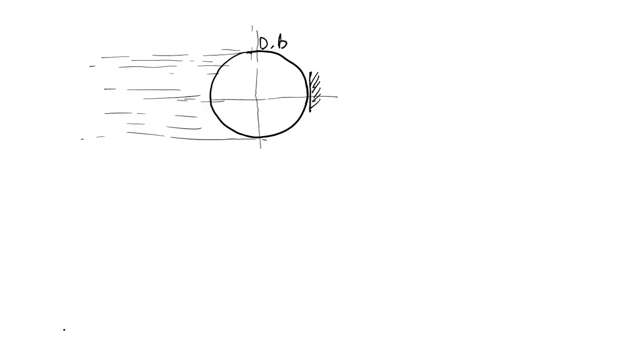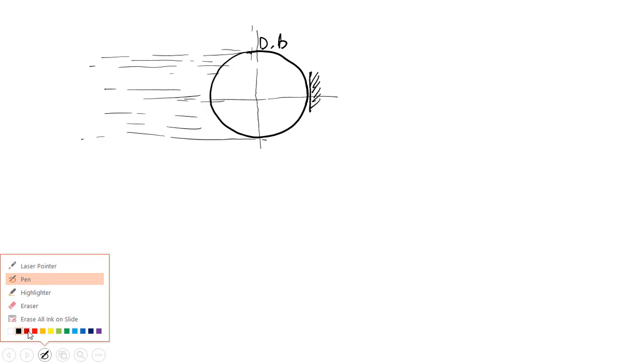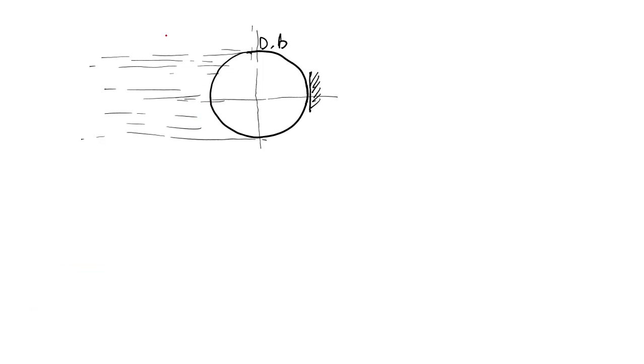The question says find the vertical force and horizontal force experienced by the cylinder due to this fluid. As we can see, this will be the surface which experiences both horizontal and vertical force.